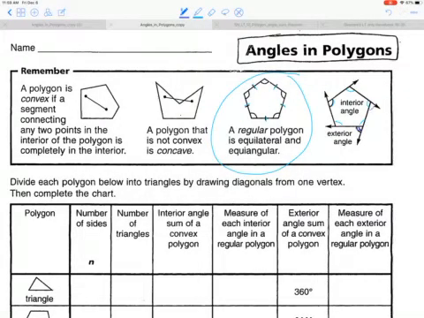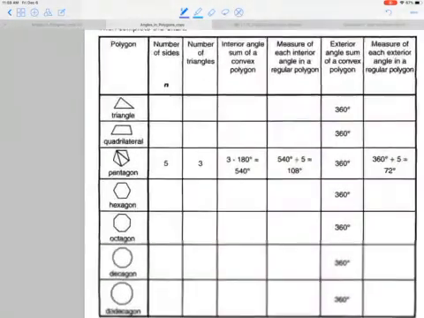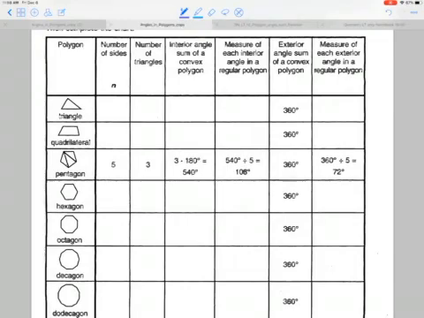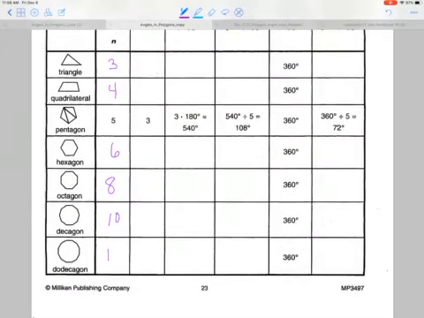These would be exterior. Knowing that, on down here with our polygons, number of sides: triangle has 3, 4 for a quadrilateral, pentagon 5, hexagon is 6, octagon is 8, decagon is 10, and then a dodecagon is 12.